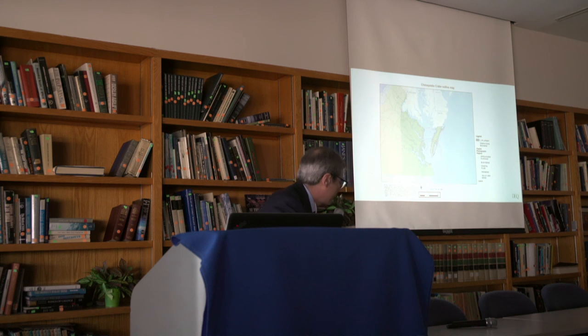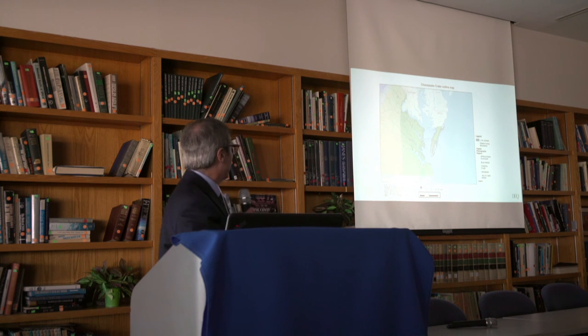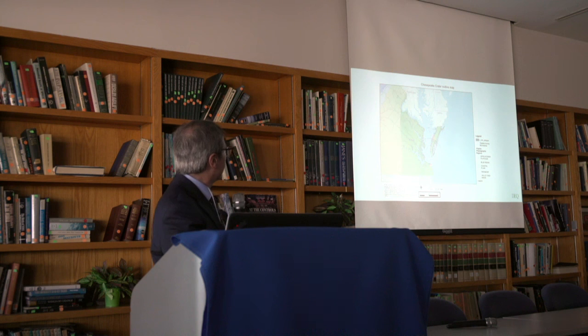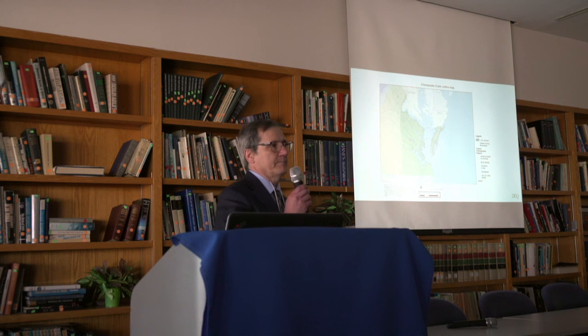So this will help orient you. This is Virginia. We've got Chesapeake Bay here, the James River, the York River, Rappahannock, Potomac. This area in green is the area of the coastal plain aquifer system.